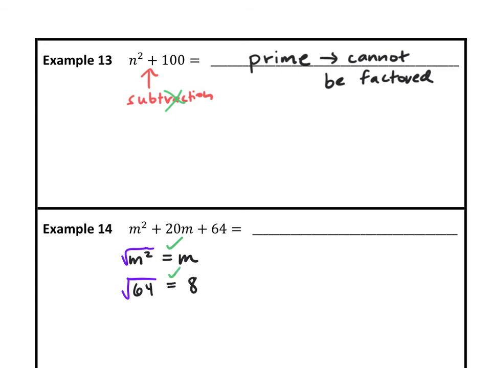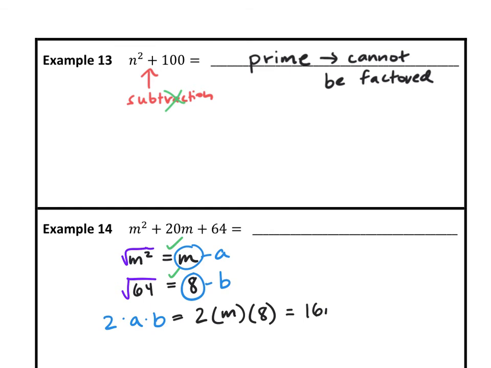Check. I can. And then that means that this is my A, this is my B, and so I'm going to multiply 2 times A times B, and so that's going to give me 2 times M times 8. 2 times 8 is 16, so I'm going to get 16M.